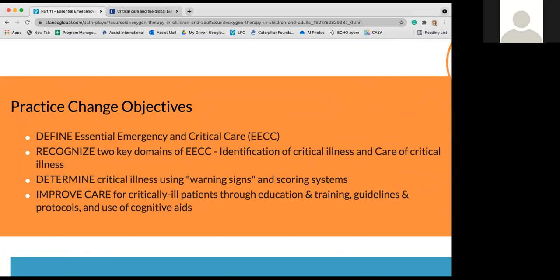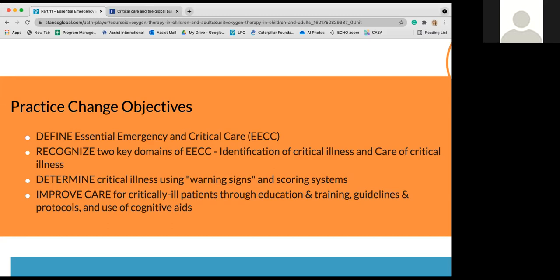But let's think about the next objectives. We need to be able to define essential, emergency, and critical care. What is essential, emergency, and critical care? We need to recognize 2 key domains, including identification of critical illness and the care of critical illness. We need to be able to identify, but that's not enough. We need to be able to manage.